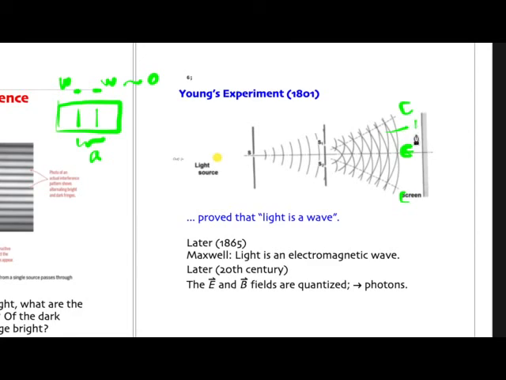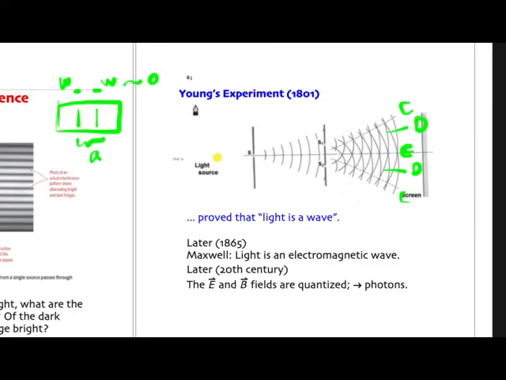So these would be the regions of destructive interference. And if you project it on a screen, you'll see a bright fringe, a dark fringe, a bright fringe, and in fact you could see a whole series of bright and dark fringes in either direction from the center.